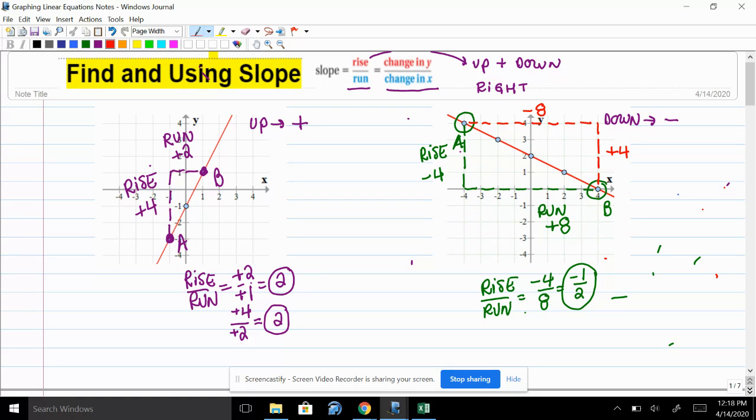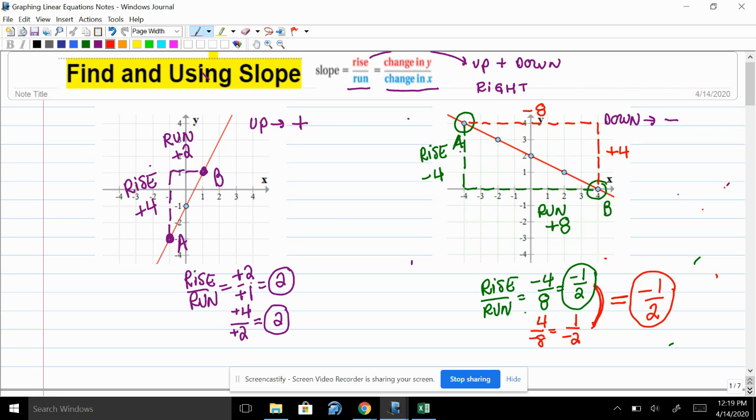So you're still going to end up with 4 over -8, which is 1 over -2. These two numbers are the same thing. In fact, when you have a fraction, it's more proper to put the negative on the top. So the answer is equal to -1 over 2, no matter how you cut it.